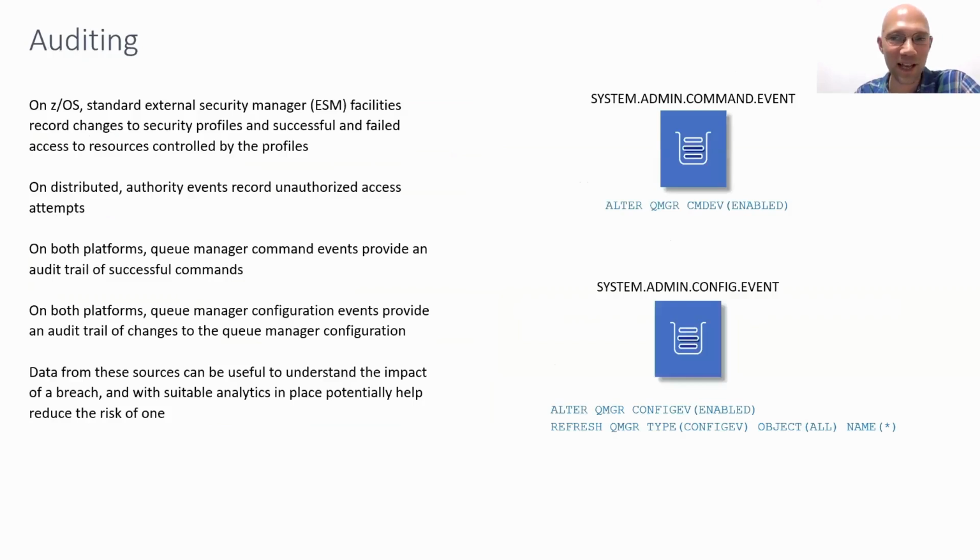So we'll look briefly at what auditing facilities MQ has to start off with. So MQ on z/OS and distributed works slightly differently in this case. If we look at security, for example, on z/OS, it's the security manager, which is RACF for whichever product you're using, that logs all access requests to resources.